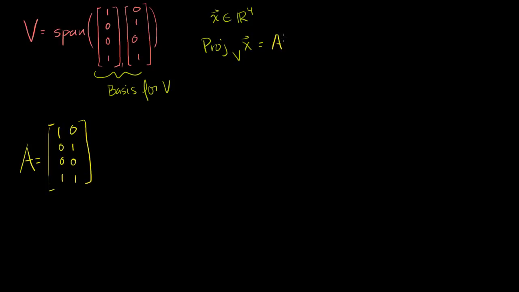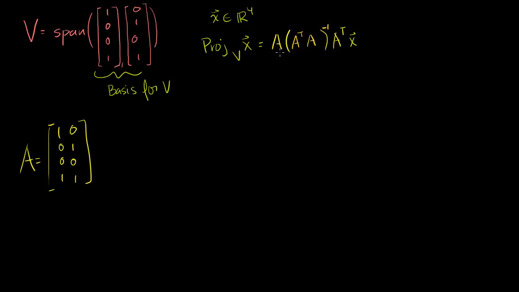It's A times something in the middle, and then you have A transpose times your vector x. And the way I remember it is, in the middle you have these two guys switched around, so you have A transpose A, and you take the inverse of it.